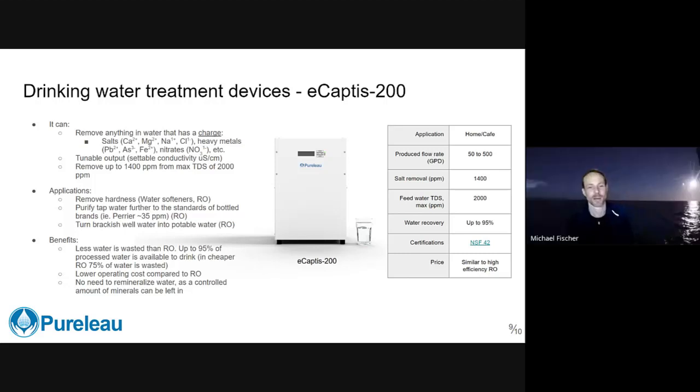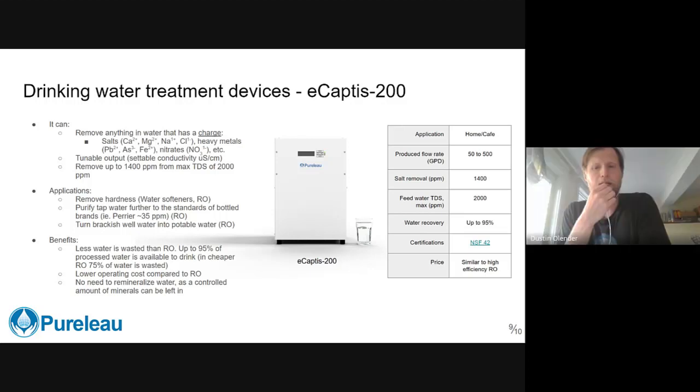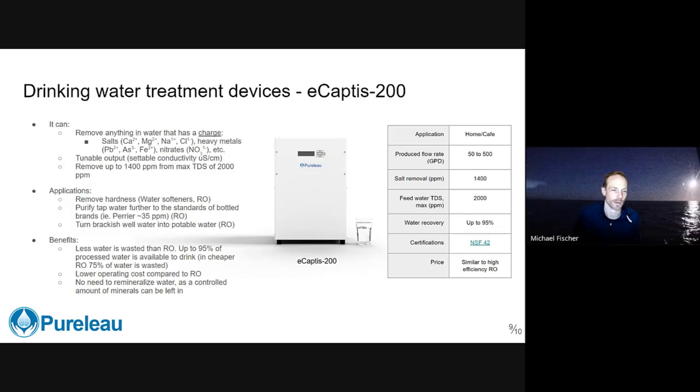Thank you. My question is pretty similar, being that you pull everything that has a charge out at once. So you obviously want to get rid of the lead and arsenic and things like that, but you would ideally like to keep some of the other ones. Is it tunable in that way, or is it basically all or nothing if you have those things present in your water?